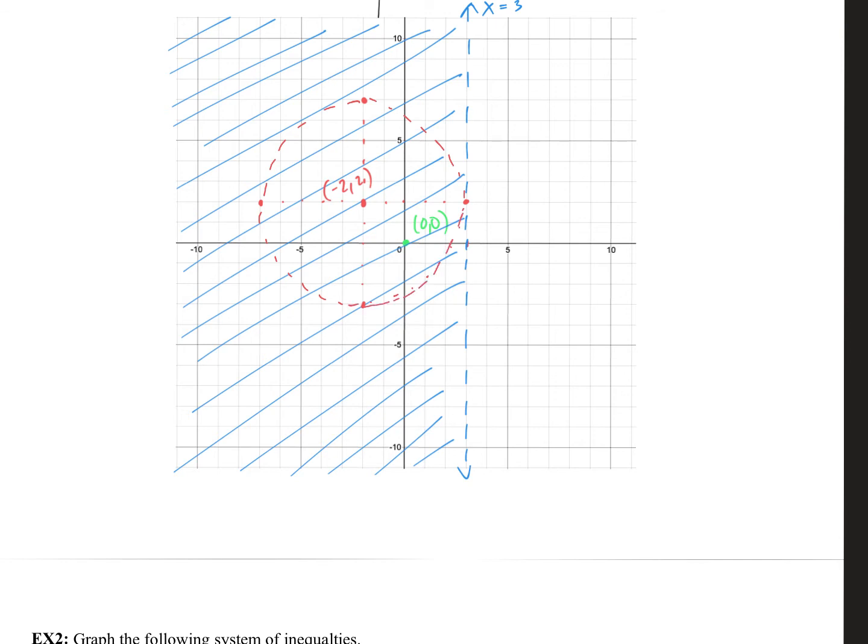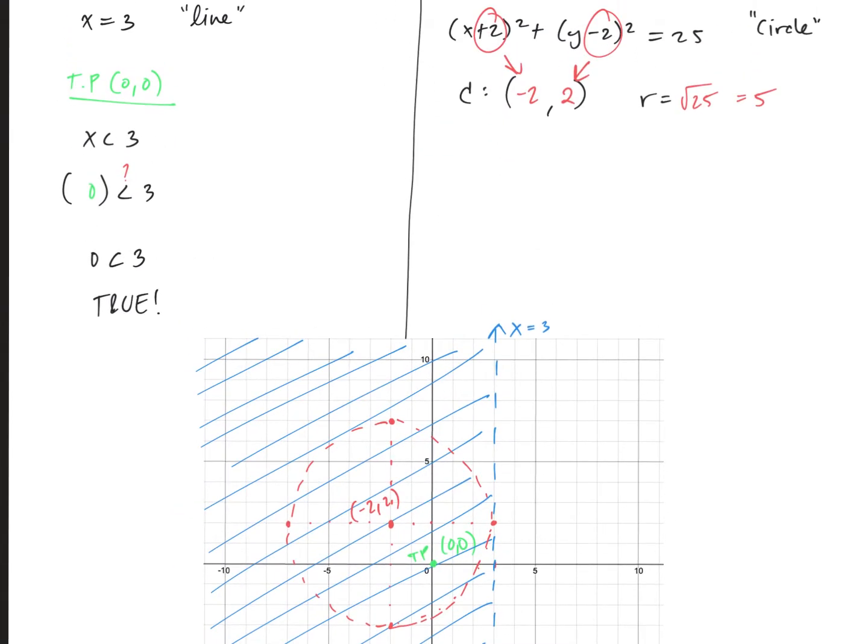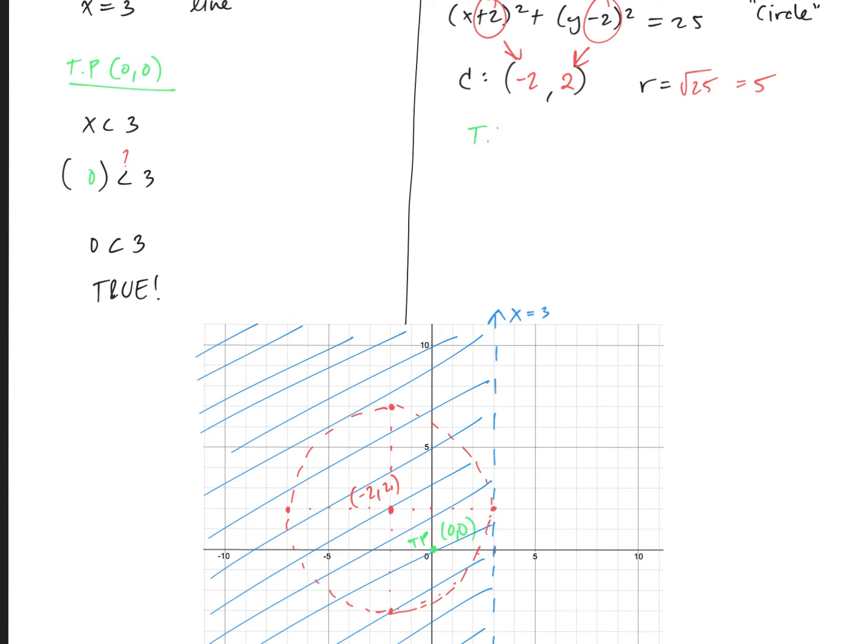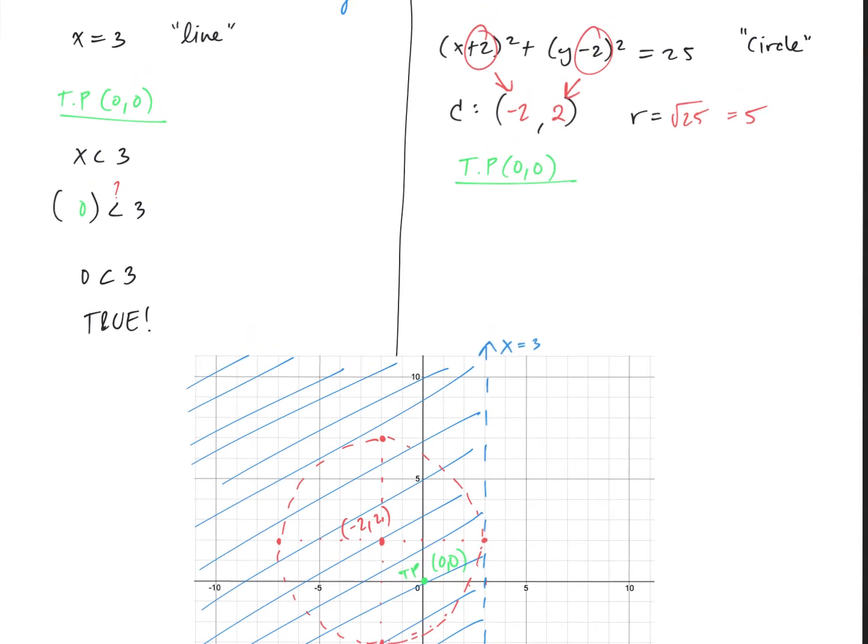All right. Now, to figure out which side to shade, I'm just going to stick to the same test point, 0, 0. And we're testing that with our equation (x plus 2) squared plus (y minus 2) squared equals 25. A lot of people like to use the center of the circle for your test point, and you can do that.